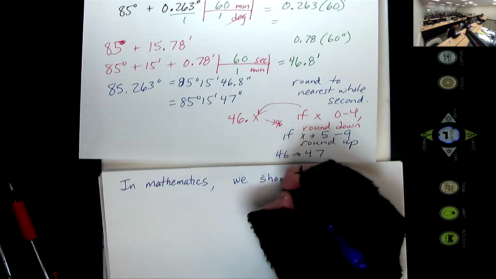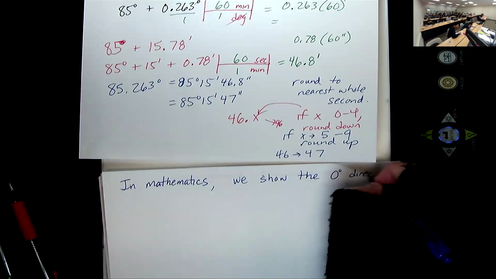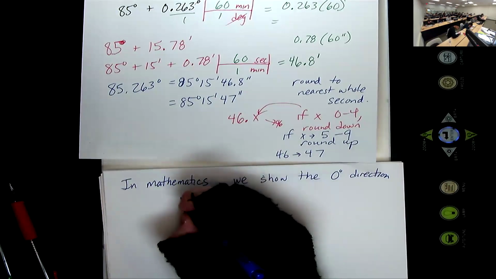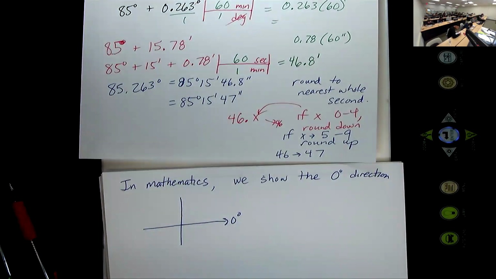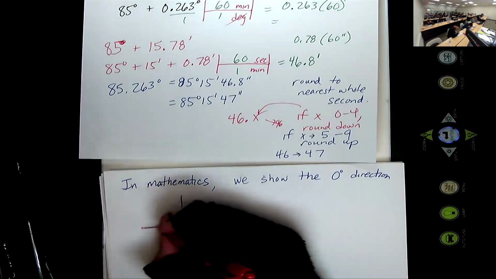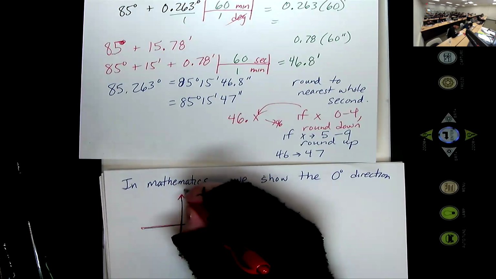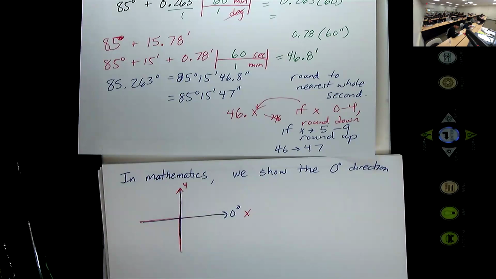We show the 0 degree direction straight to the right. That's 0 degrees. So if we put this on like a graphing grid, when you're doing algebra, you do a lot of graphing. If this were the y-axis and this were the x-axis, 0 degrees is in the positive x-axis direction.